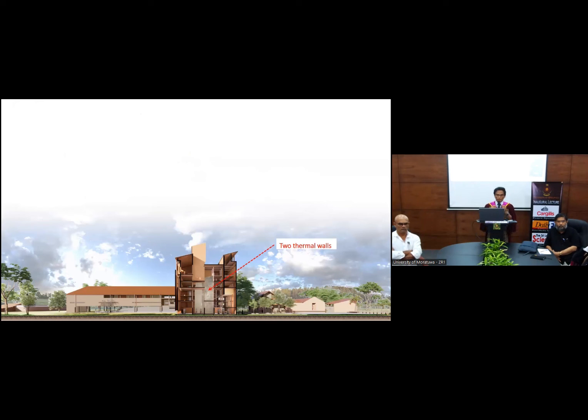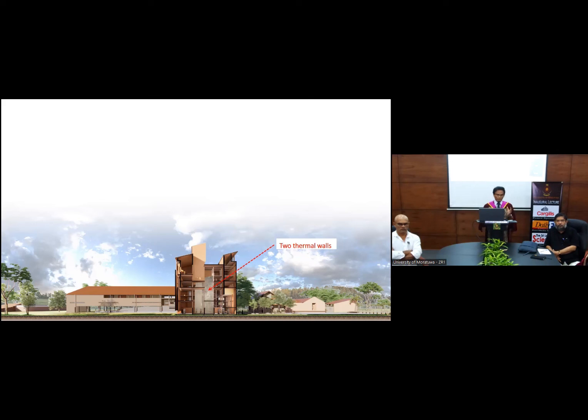Now, if you look at this section, there are two thermal walls. The two thermal walls are built with earth from the area, because the area is having a higher water table, so the environment needs more water surfaces. So then take earth from the area, so those earth can be used in the same building.